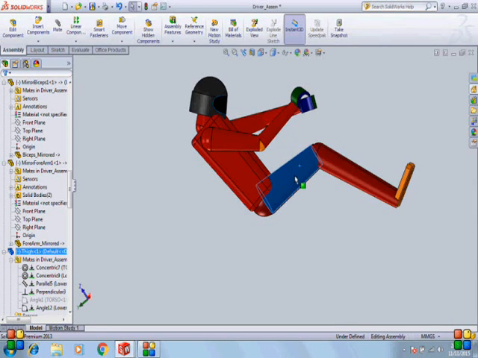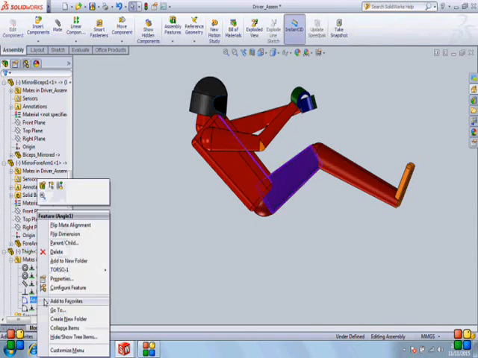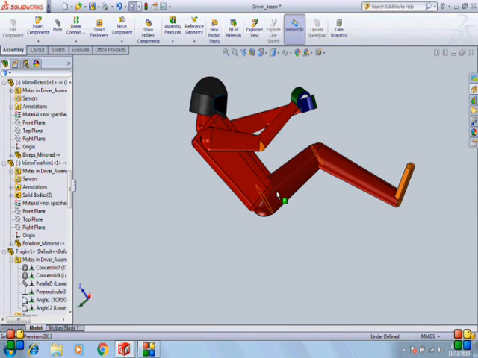So that's the functionality of this part, and again I'll have to unsuppress it. So again my driver reaches the normal position that I have decided for it. Then the next angle is this angle, which is again irrelevant for this particular joint.